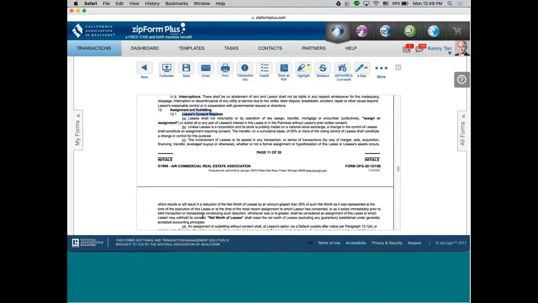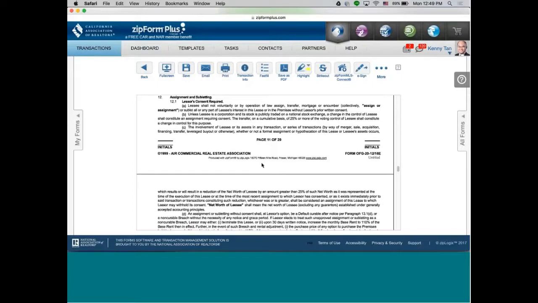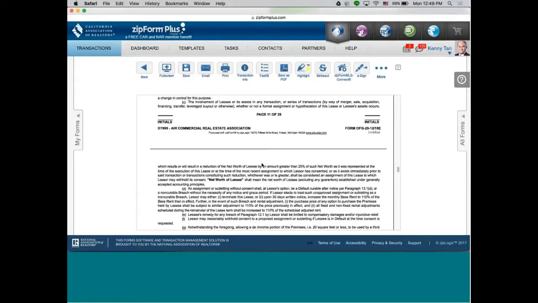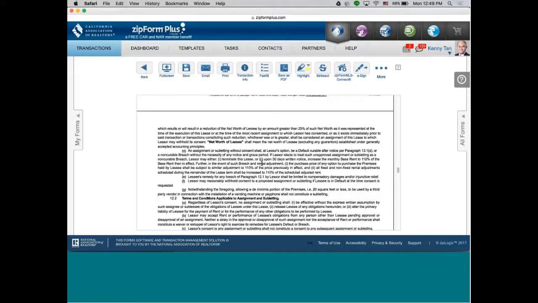Okay? Now, we don't normally pay attention to this, but this is actually in the AIR agreement. Okay? It's good that you're learning this, so next time you know. Okay? And then on D, it says, an assignment or sublet dealing without consent shall, at the lessor's option, be a default curable after notice per paragraph 13.1D or a non-curable breach without the necessity of any notice and grace period.